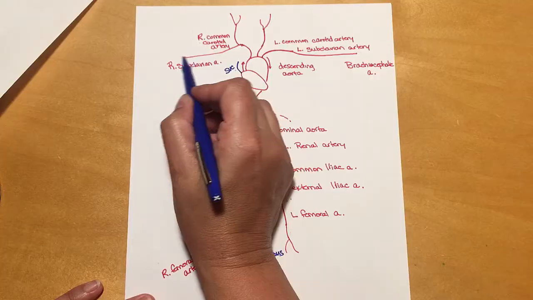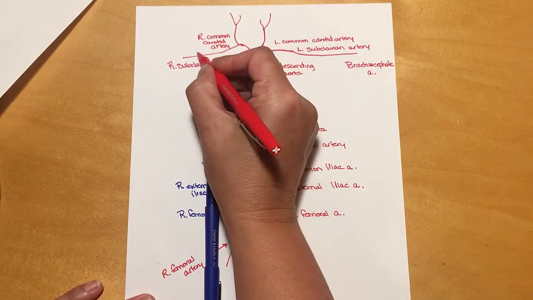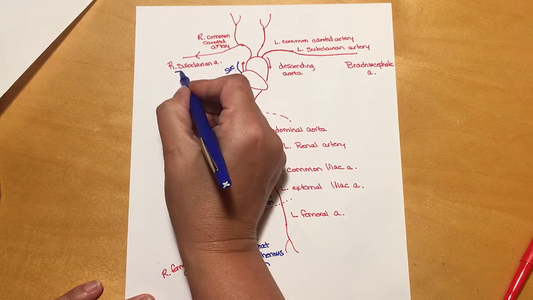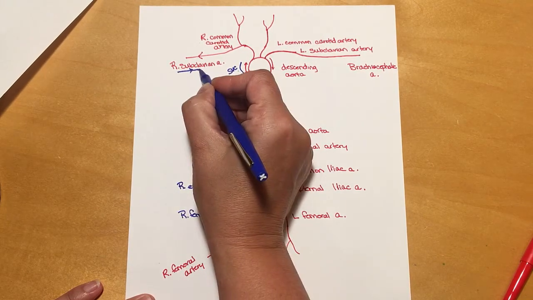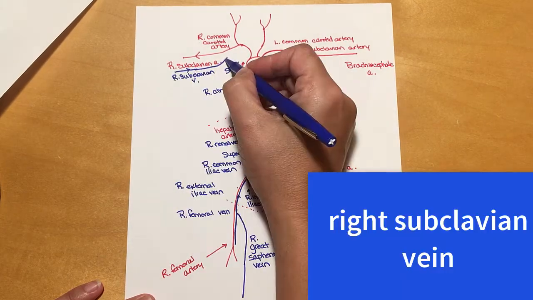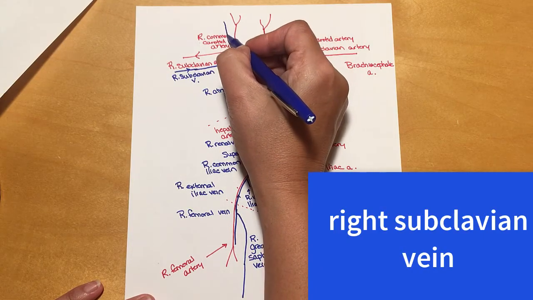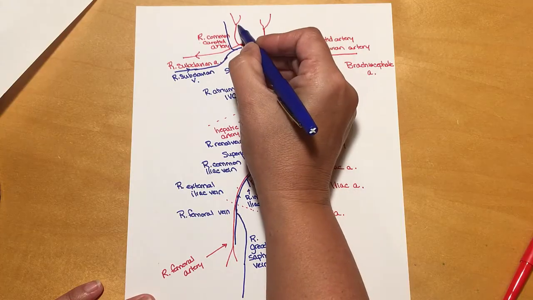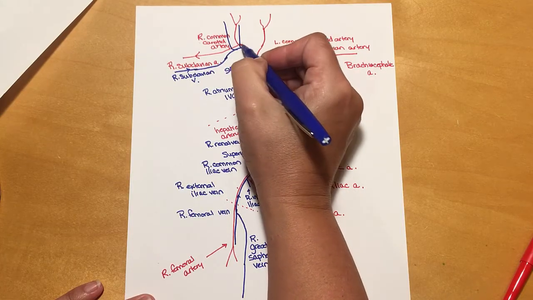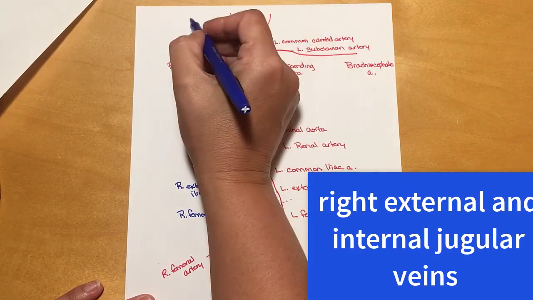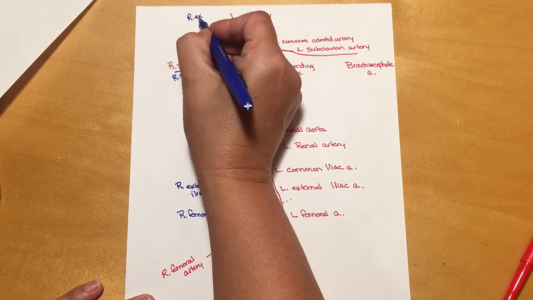I want to start out here and move in, because that's the way blood is actually going to be coming. So if we have a right subclavian artery that's taking blood that direction, we actually have a right subclavian vein that's bringing blood back in this direction. So the right subclavian vein is going to be joined by two vessels, the external and internal jugular veins. So the one on the outside, more laterally, is going to be the right external jugular.